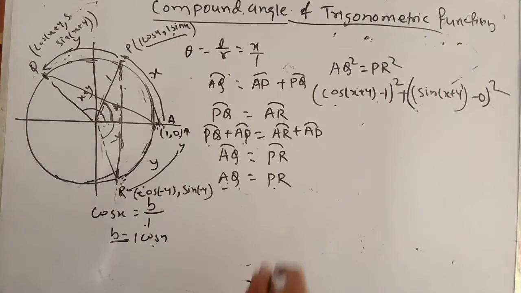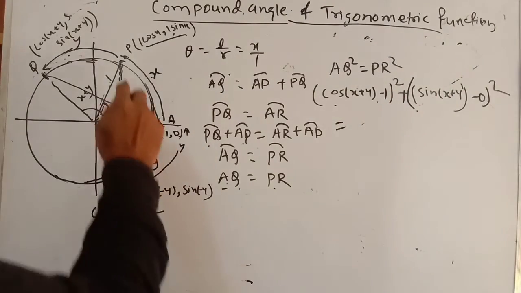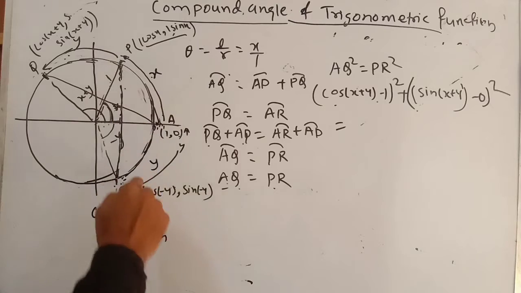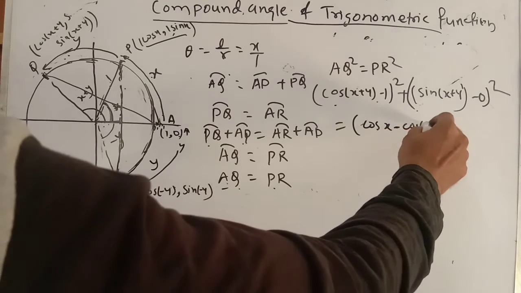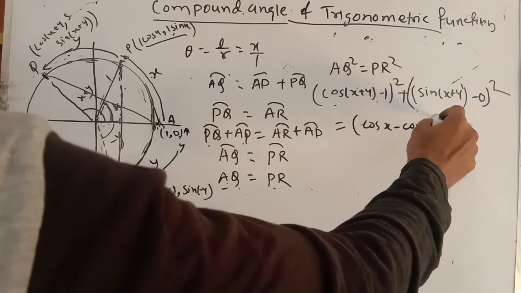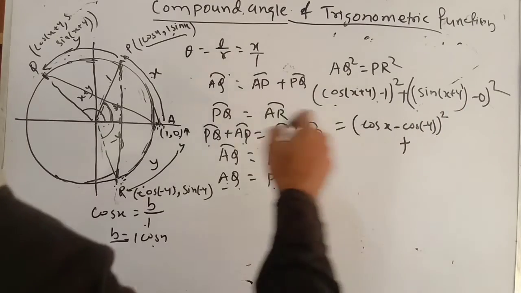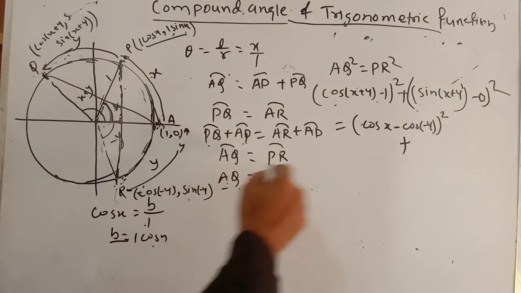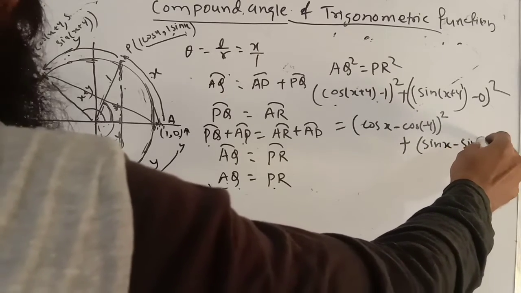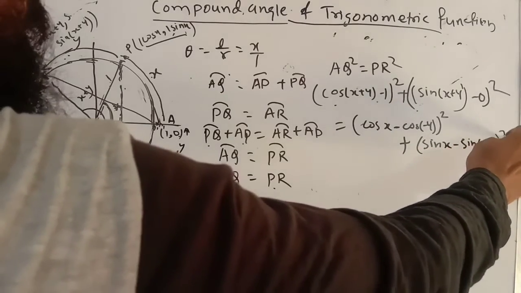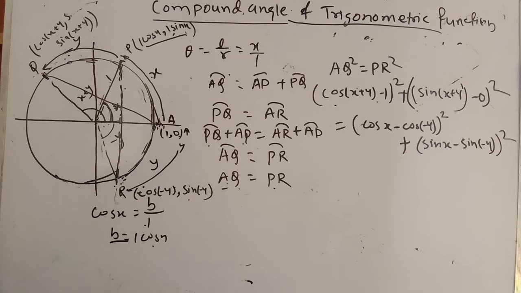That equals PR square, which is (cos x minus cos(minus y)) whole square plus (sin x minus sin(minus y)) whole square. This is the distance formula.